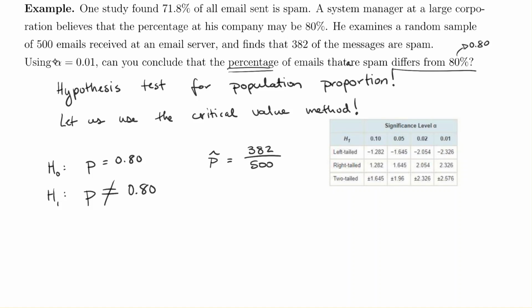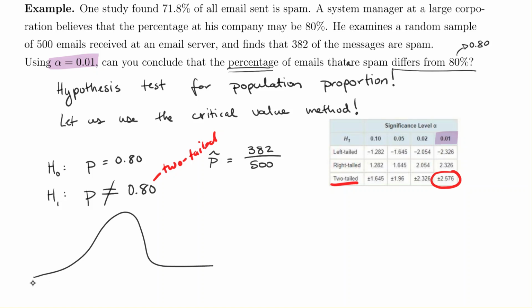Now, nicely for us, our alpha of 0.01 is one of the given significance levels. I can see that this is two-tailed because it's not equal to. So that's this section. Where do both of those intersect? At plus or minus 2.576.